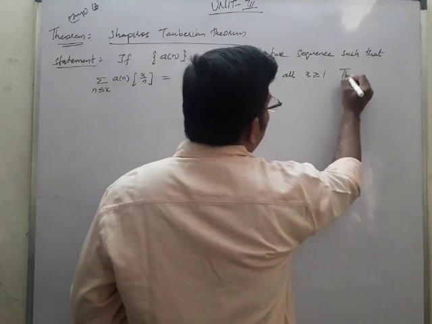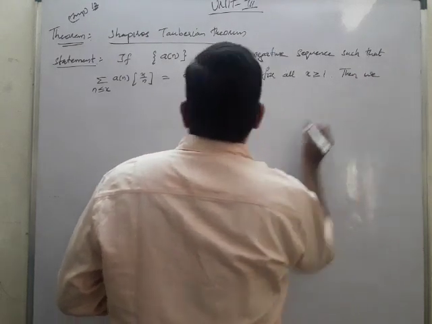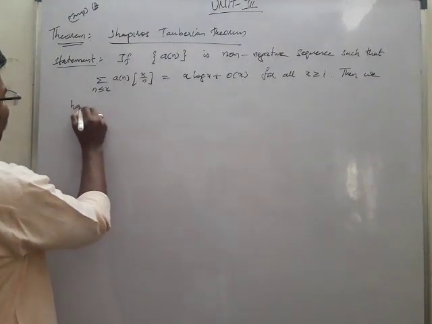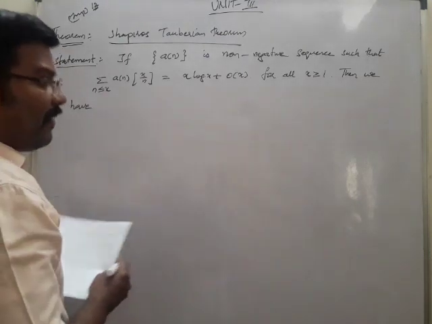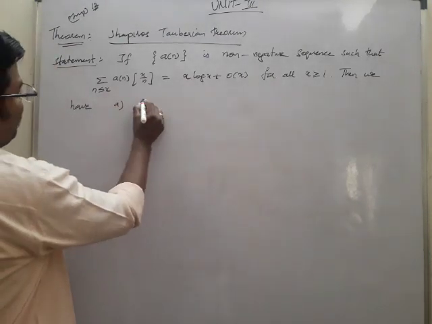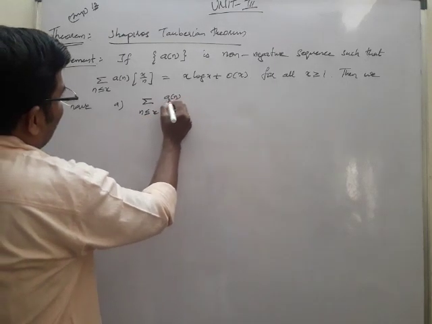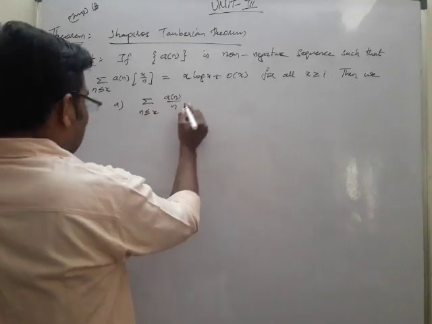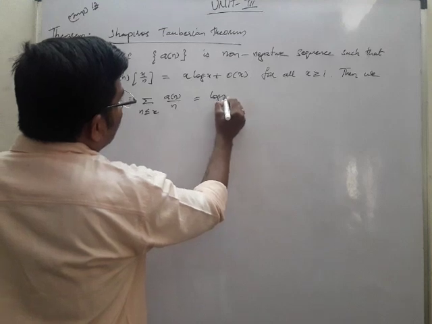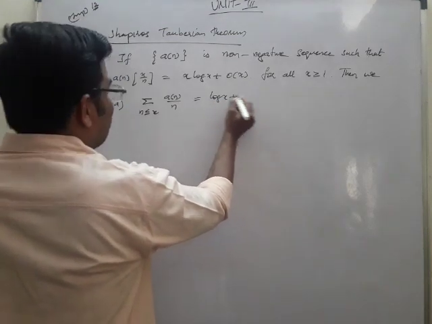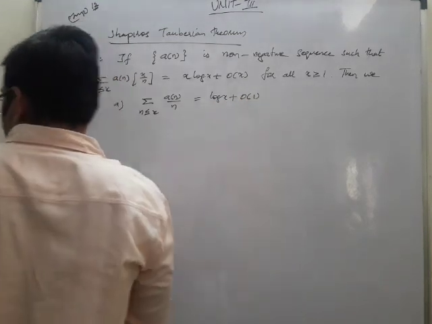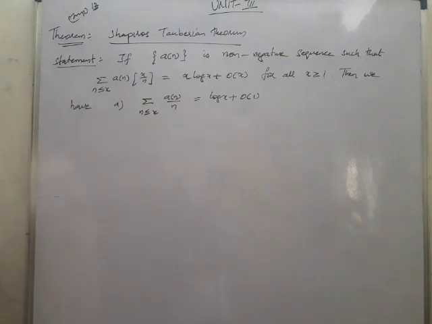Then we have, number 1, the first one: summation n less than or equal to x of a of n by n is equal to log x plus big O of 1. This is the first one we need to find out.